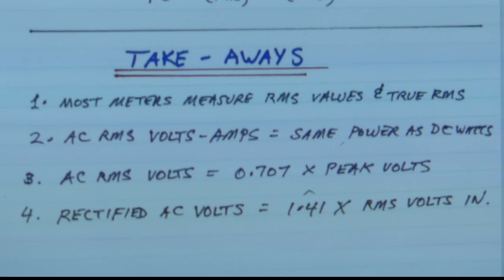And you get a pulsating DC that is 1.41 times the RMS voltage in. Okay, so those are the things you need to know and remember. You don't need to get overly complicated, but everybody here that's doing any kind of radio work needs to know those things. So we'll go on to the second slide then, please.